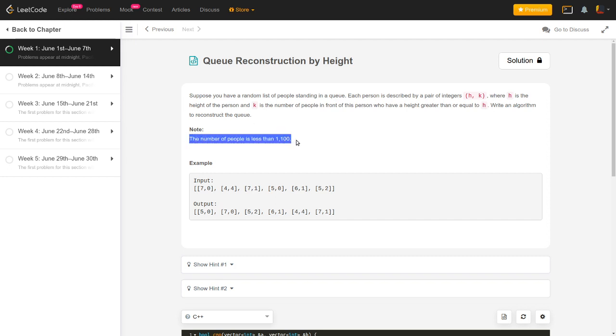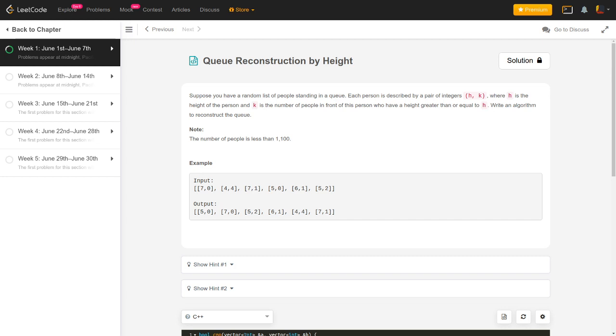The constraints are such that the number of people they are giving will be less than or equal to 1100. Okay. So there are two ways in which you can approach this problem. One is a brute force way, where you just run an O of n squared algorithm, and even that will get accepted.